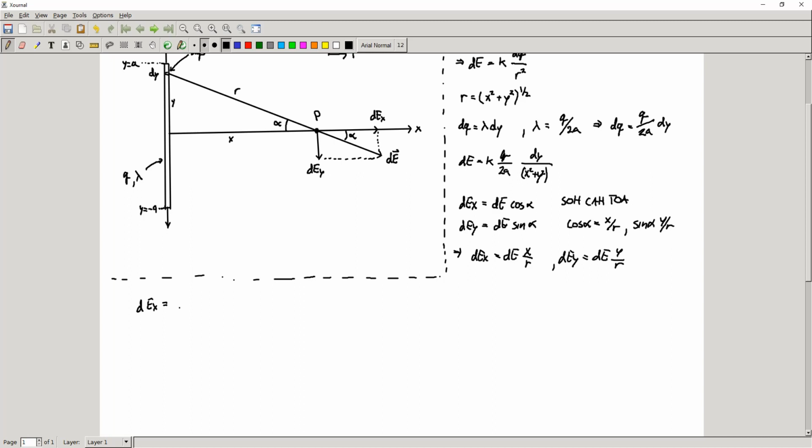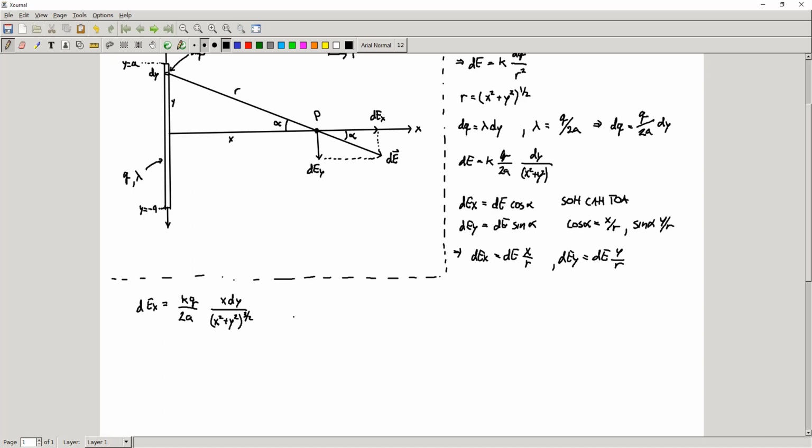And so substituting that in, we're going to end up with kq over 2a, and now we have an additional x over r that we need to consider here, and so we're going to end up with x dy over, and so before we had an r squared in the basement here, we're going to be adding one more r, so this is going to be (x squared plus y squared) to the 3 over 2, okay?